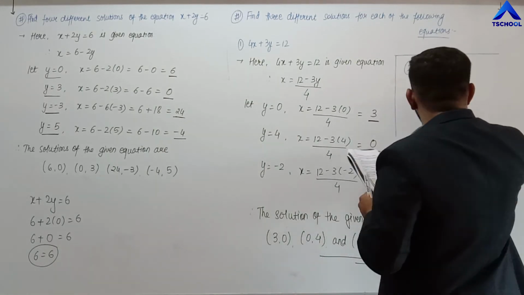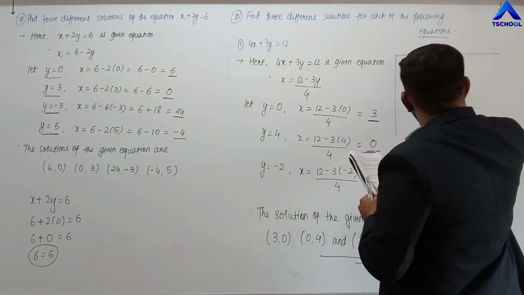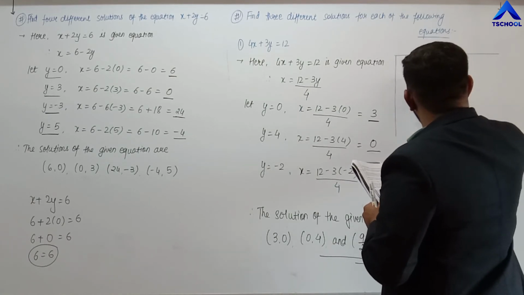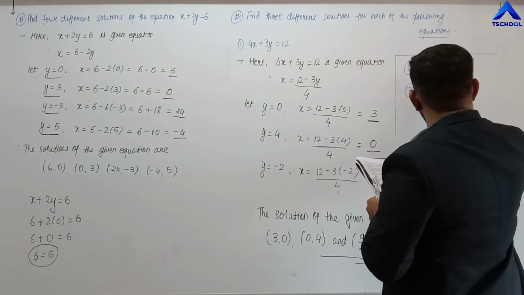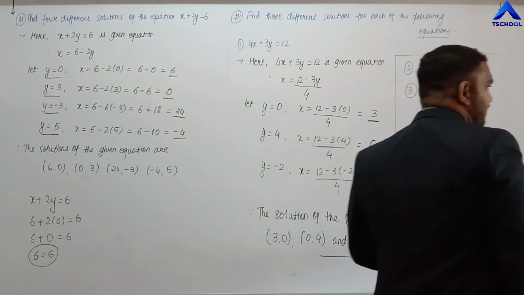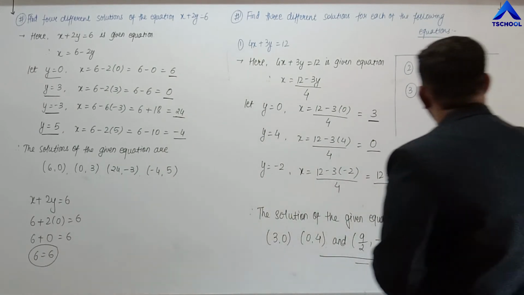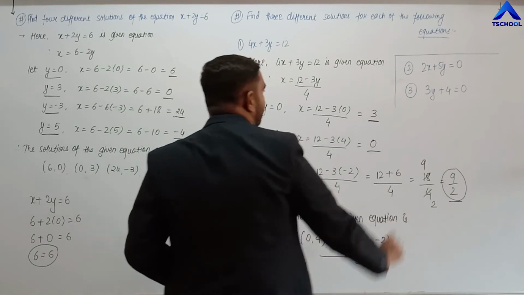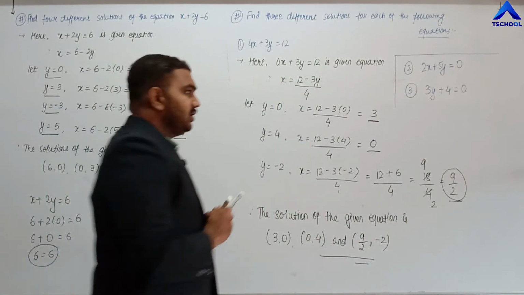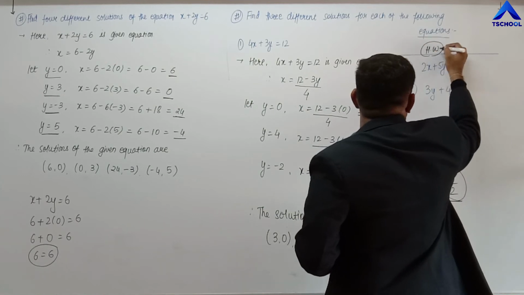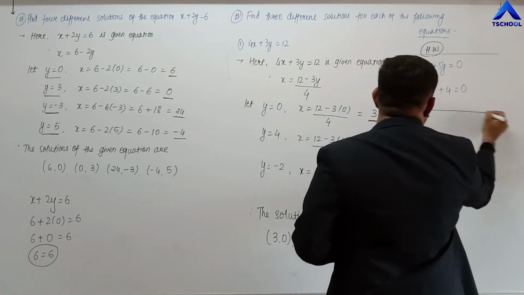The second question is 2x + 5y = 0, and the third question is 3y + 4 = 0. Okay, so this was the first one, and the second and third you need to do in the homework, in your self-study work whenever you complete it.